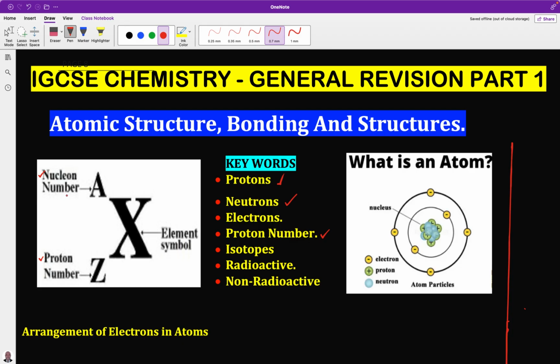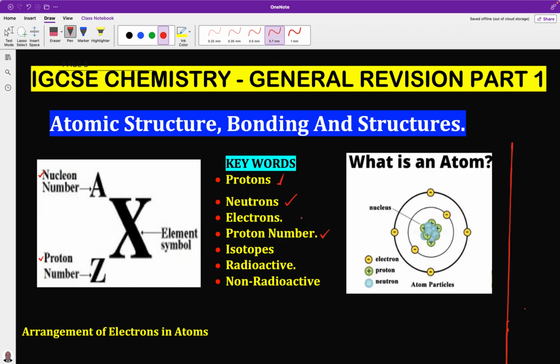The nucleon number is the same as the mass number. We can say that the nucleon number or the mass number is the number of protons plus the number of neutrons in the atom.